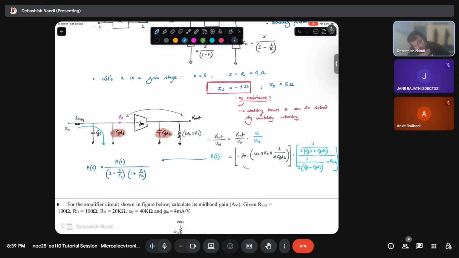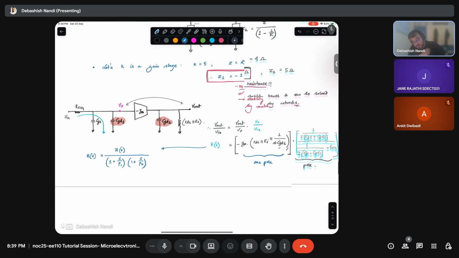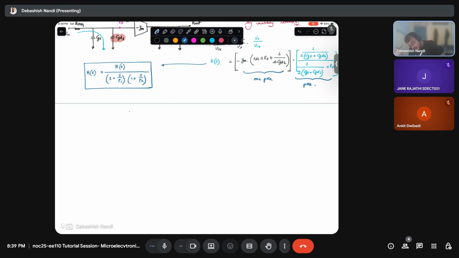Because you already have one pole associated with this and another pole associated with this. So these numerical calculations you can do, right? But I'll just tell you the crux.